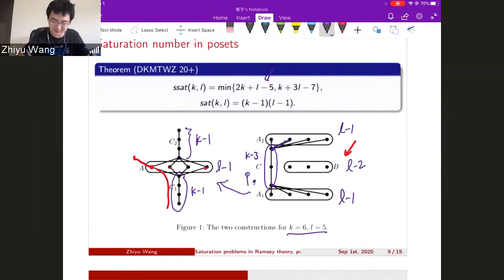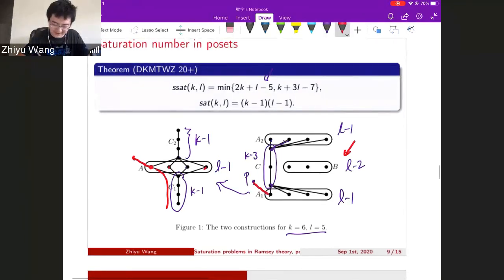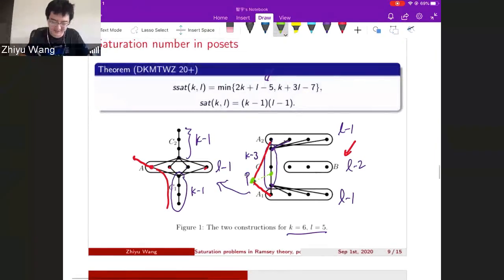So it must be above some elements in A1 and below some elements in A2. But then, however, we have a new element in here. The reason why we didn't form a K chain here must be that P is incomparable with some elements in the chain. Otherwise we'll have a K chain.